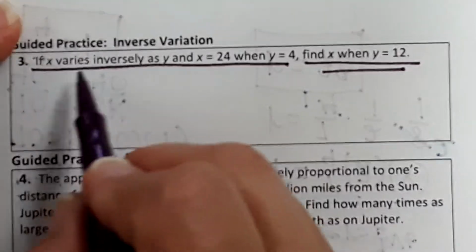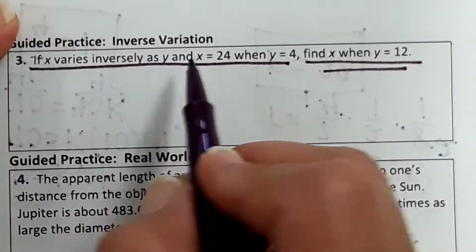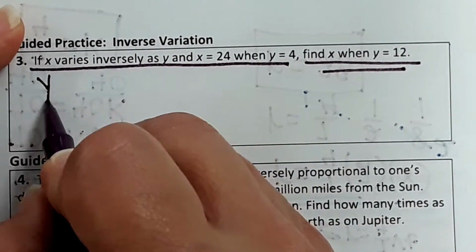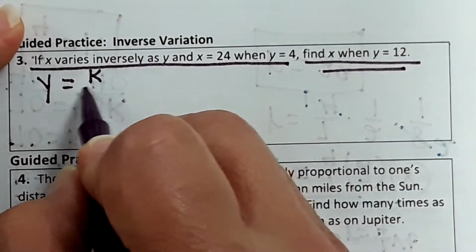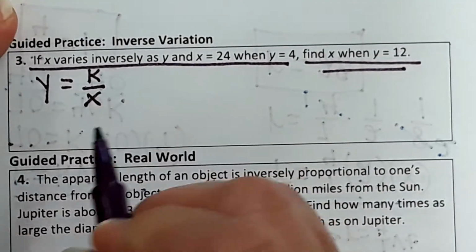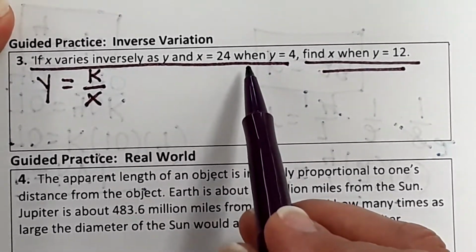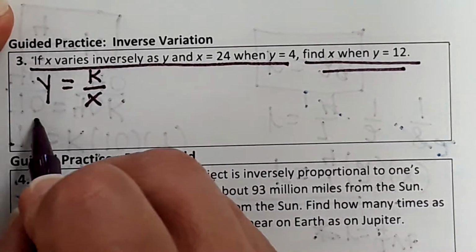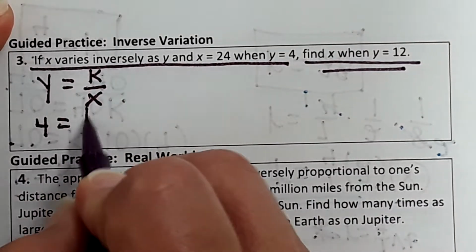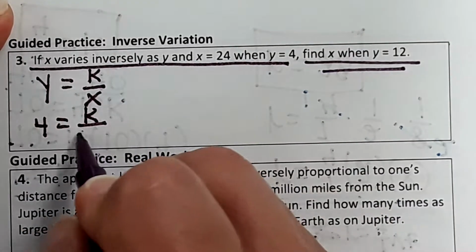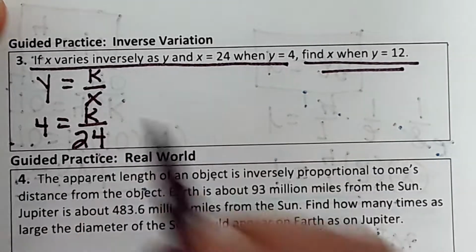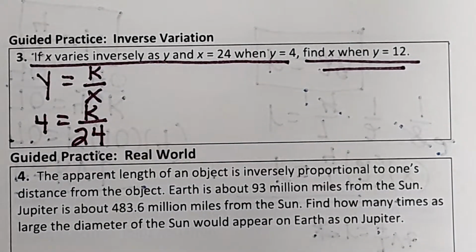So it says x varies inversely as y. So that means y equals k over x. And in my sentence, it says y is 4. Well, I don't know k, and x is 24. They're never going to give you k.